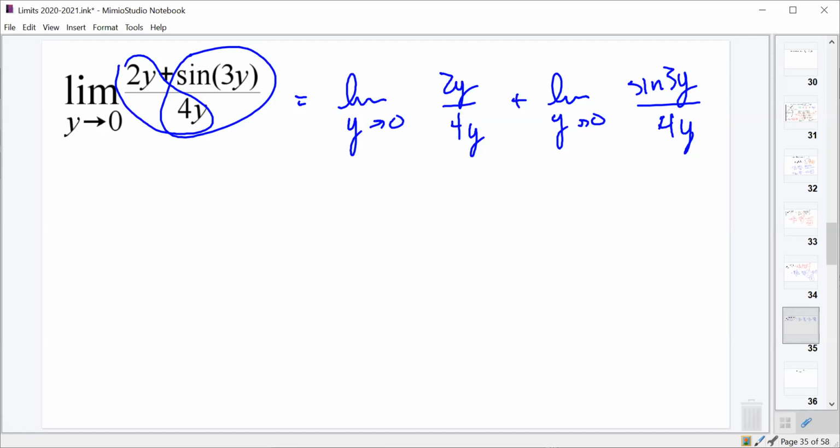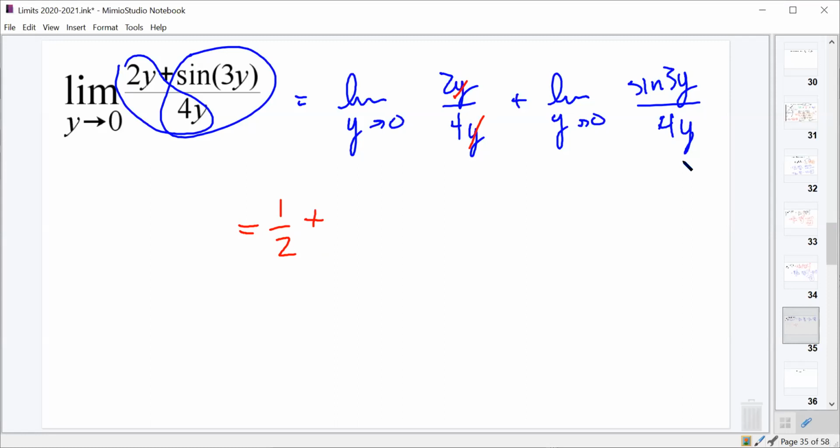Well, what's the first one? 2y over 4y. If I plug in 0, what do I get? 0 over 0. But I should be able to just quickly cancel out the y's, which will give us what? 1/2. 1/2 plus, and what am I going to do with this sine 3y over 4y limit?